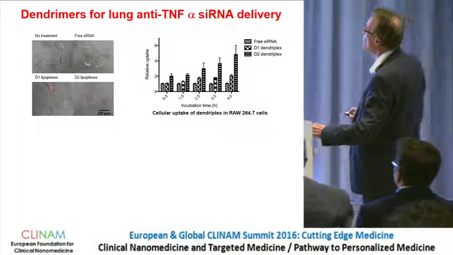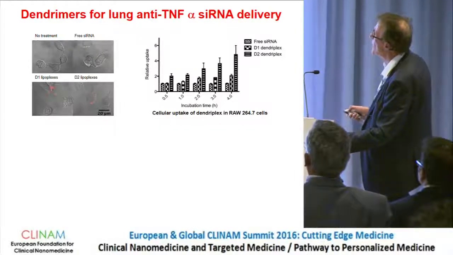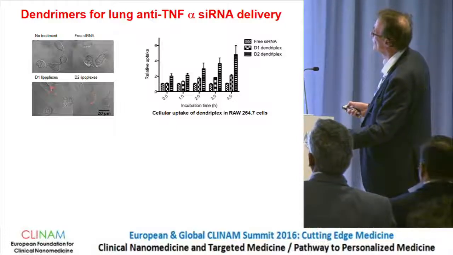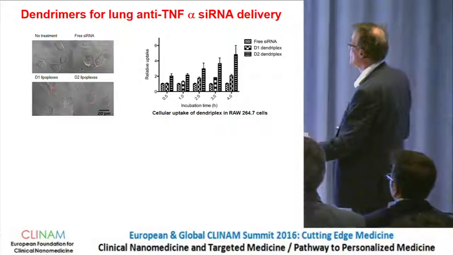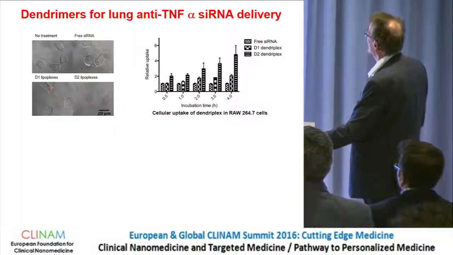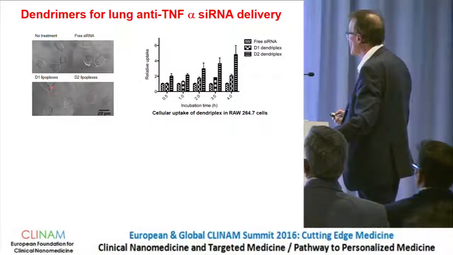But if we are working with the dendrimer with pyrrolidinium groups, we have a nice transfection, as you can see here. And you can see here also the cellular uptake of the dendriplex in these cells. As you can see, with the D2 dendrimer we have largely better results.